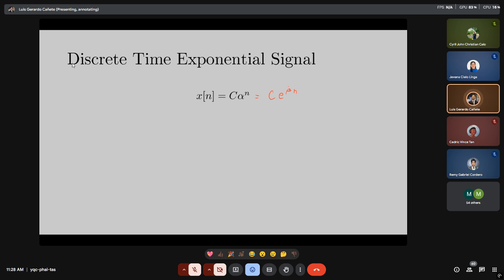But this is where it gets not confusing, but because remember that n here is an integer, right? Unlike in the continuous time case, n is an integer, so I can rewrite this so that it becomes c times e to the beta, to the power of n, right?